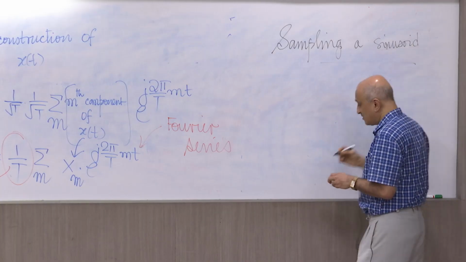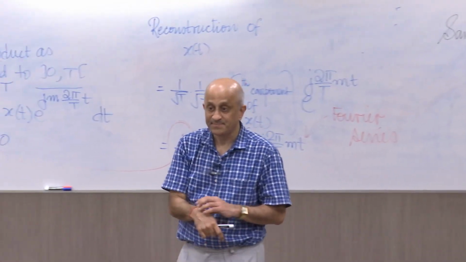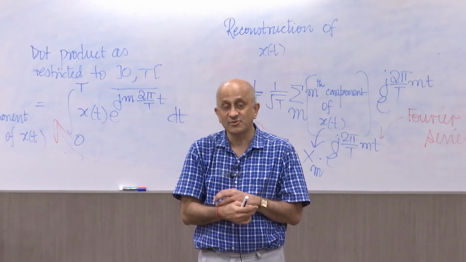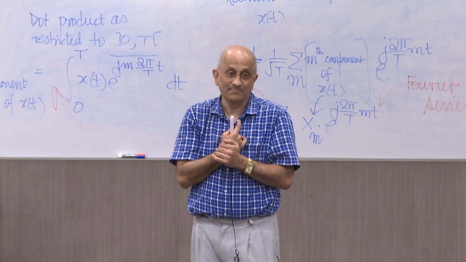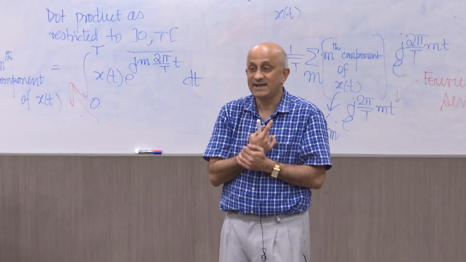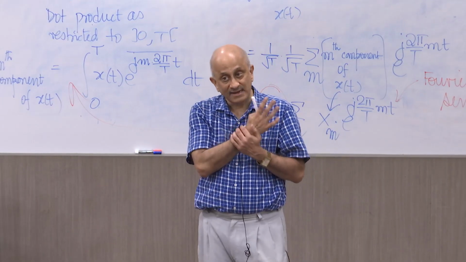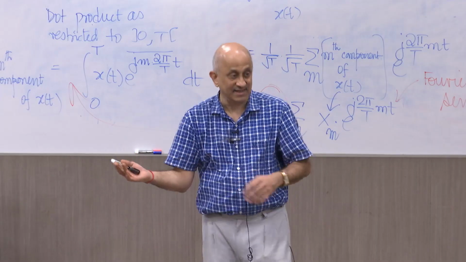I'm talking about sampling a sinusoid; I could have talked about sampling a phasor. I'm talking about a sinusoid because it seems closer to our appreciation of what happens in reality. We don't really see phasors in reality. But whatever analysis I'm doing here for sampling a sinusoid will also be easily carried over to sampling a phasor.